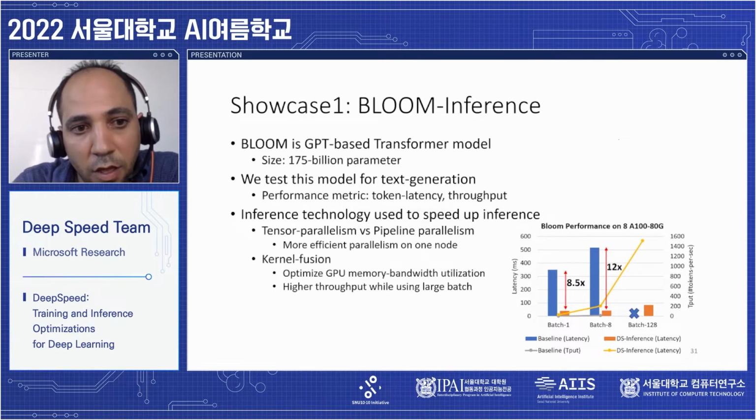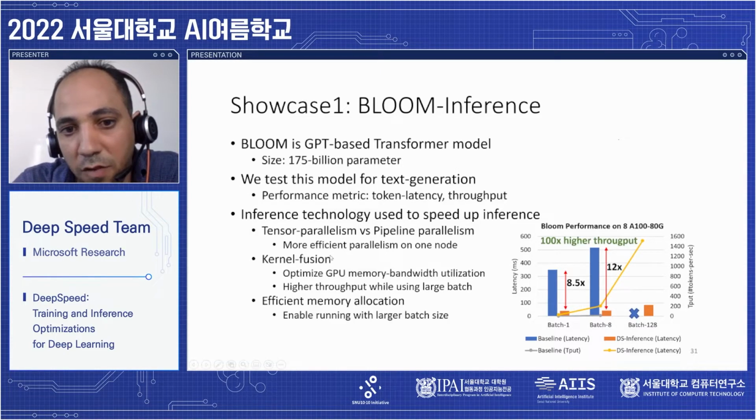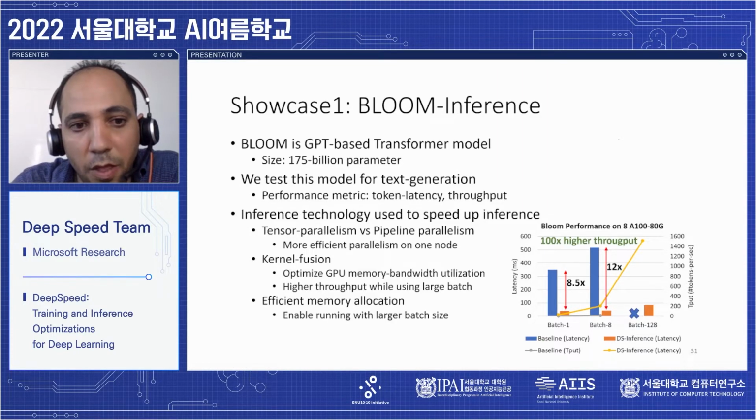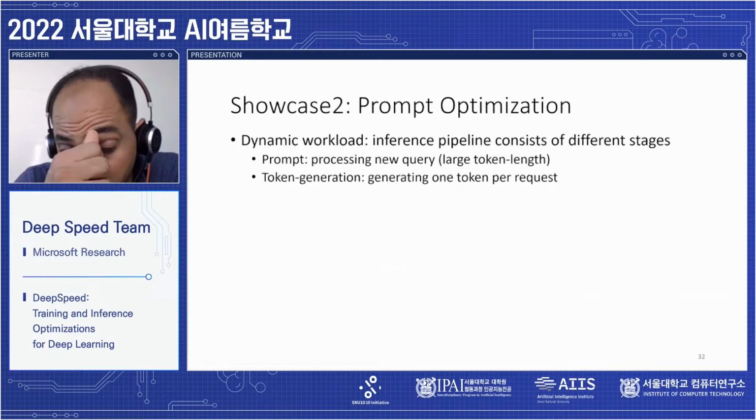And second, we use kernel fusion to get optimized GPU memory bandwidth and also high throughput while using large batch. Here we see between 8 to 12x improvement. And since we are using efficient memory allocation in the transformer kernels, we can get up to 100x higher throughput using DS inference.